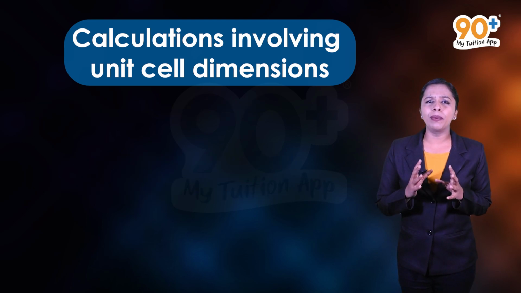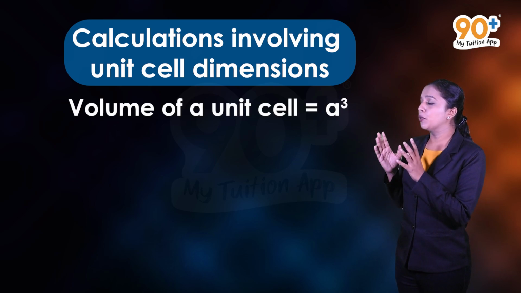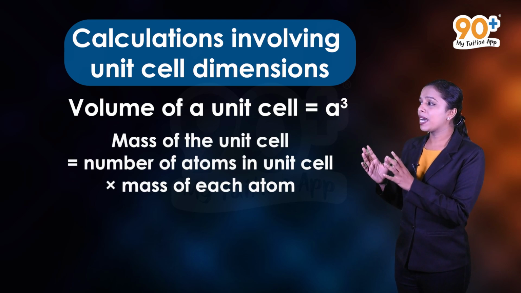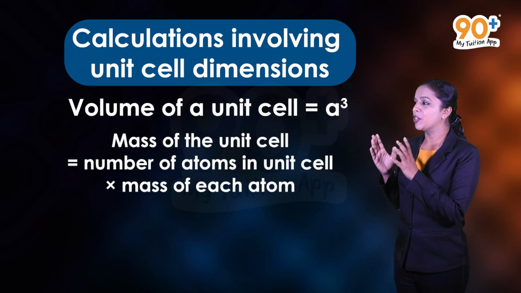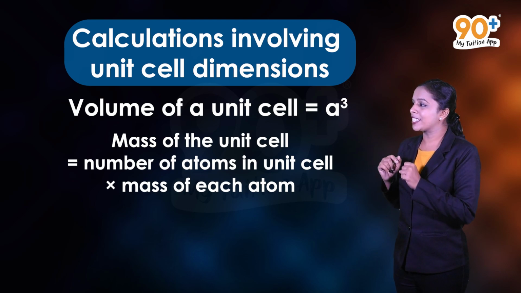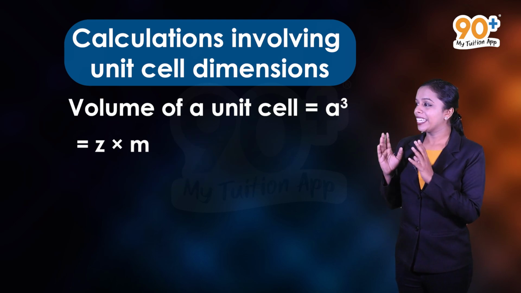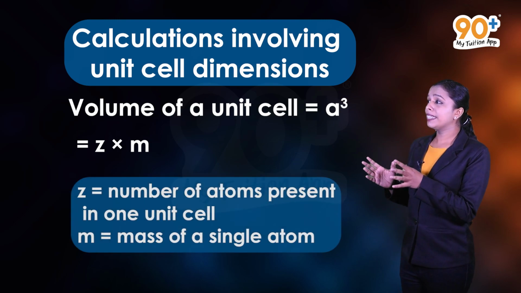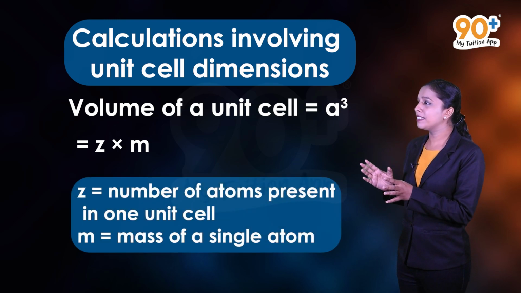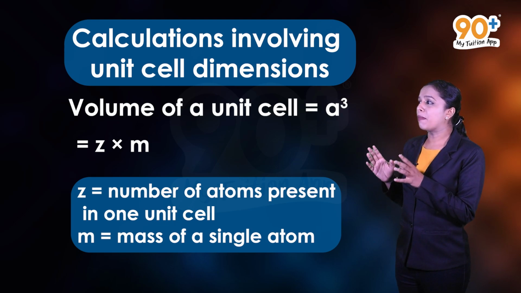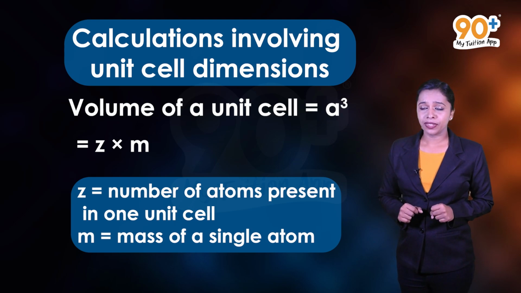In case of a cubic crystal, the volume of the unit cell is equal to a cube, and the mass of the unit cell is equal to the number of atoms in the unit cell into the mass of each atom. That is equal to Z into m. Here, Z is the number of atoms present in one unit cell and small m is the mass of a single atom.